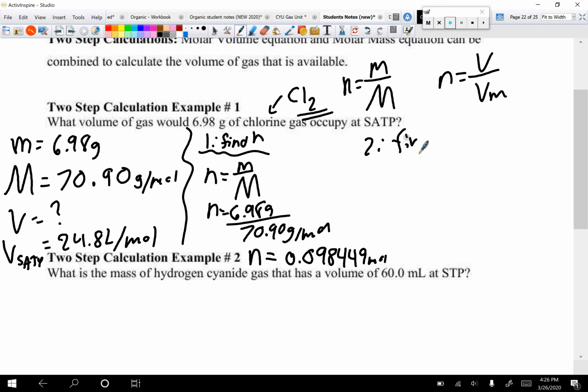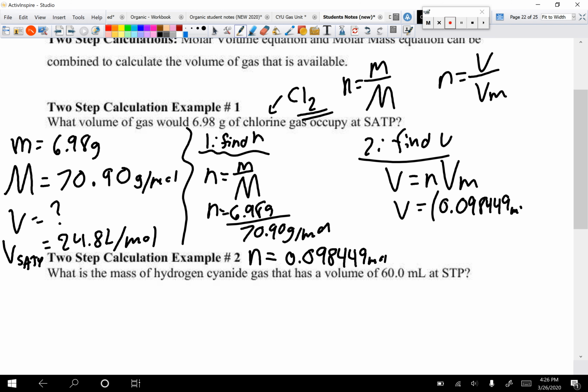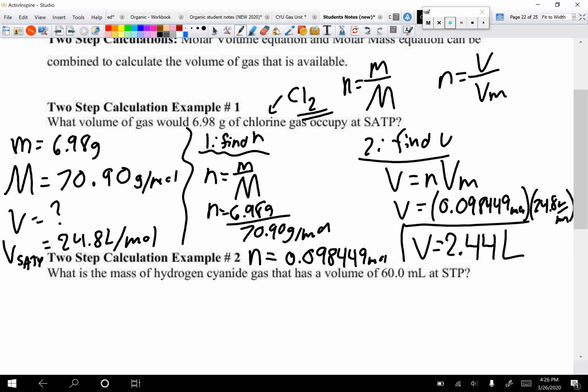Second, find volume. So we got volume is equal to n times Vm. So the number of moles, which we just calculated in our previous step, and our molar volume is 24.8 liters per mole, and we get our volume, in this case right here, 2.44 liters. And that is our answer.